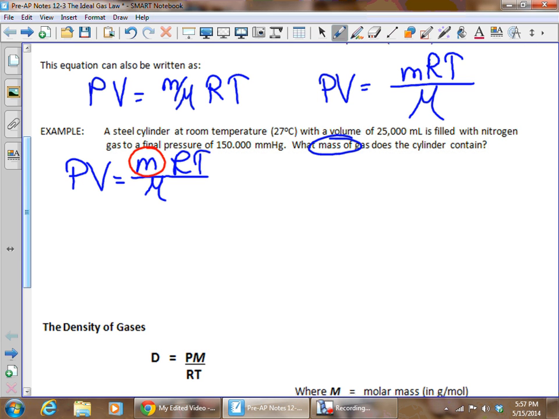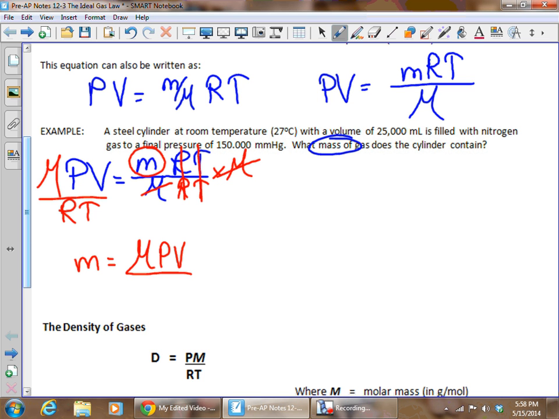To solve for this, we're going to need to multiply both sides by molar mass, which is going to reduce it to 1 over on the right. And we're going to divide both sides by R and T, which is going to, again, cancel over here. So we'll end up with the fact that mass is equal to the molar mass times pressure times volume over the gas law constant R and temperature.